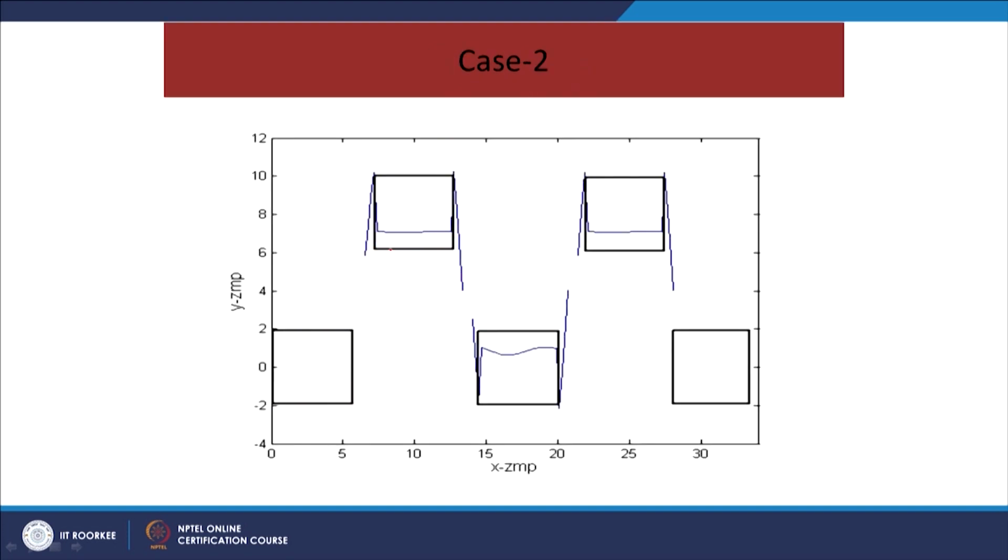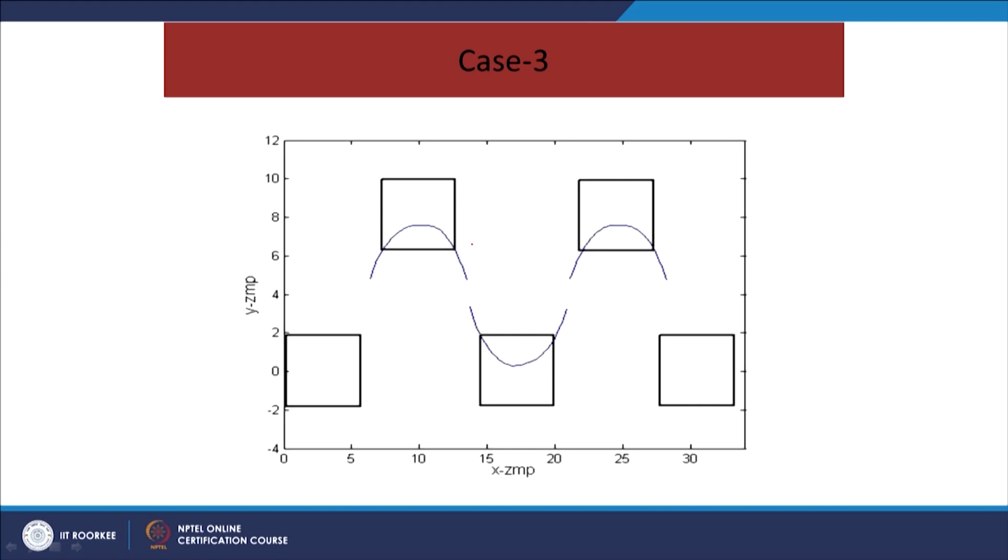In case 2 also we can see that in some positions it is in the middle of the stable region, just inside the foot region, and it comes out at some moment of time. So, during these moments this robot may be unstable.